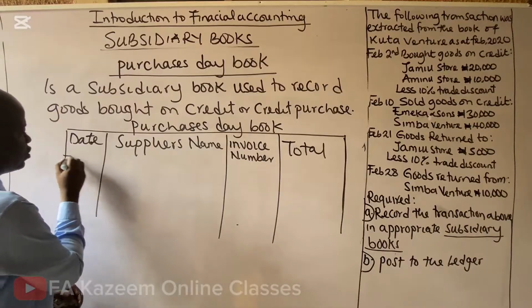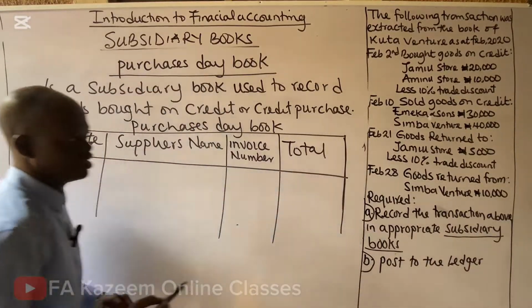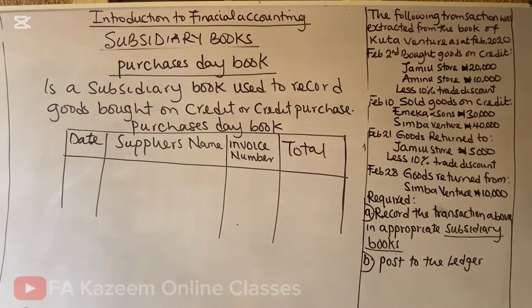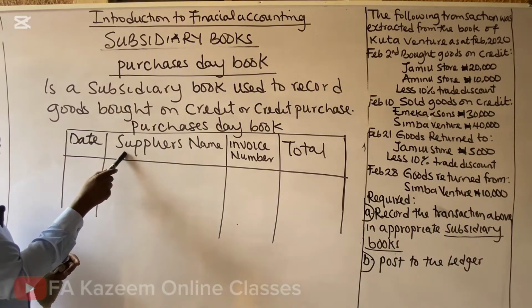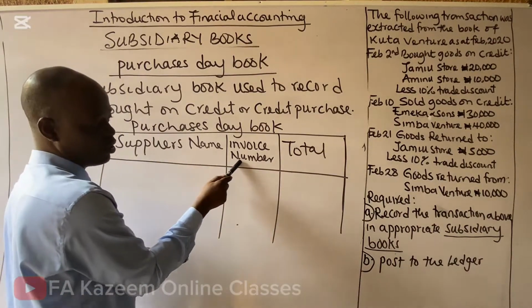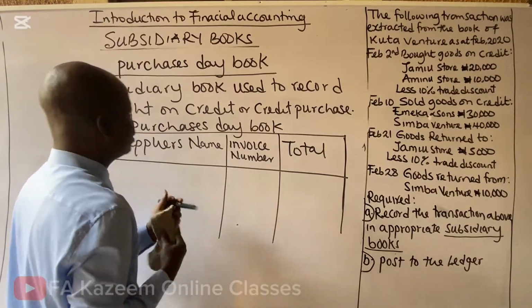This is the format of the purchases day book. It is used to record goods bought on credit, and the format is date, supplier's name, invoice number of the source document, and total.